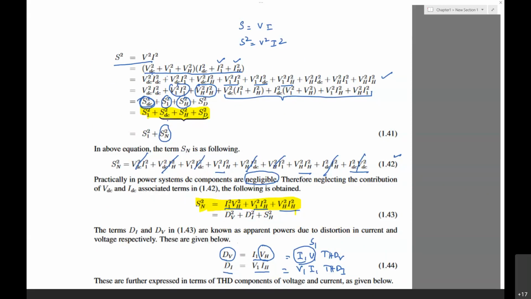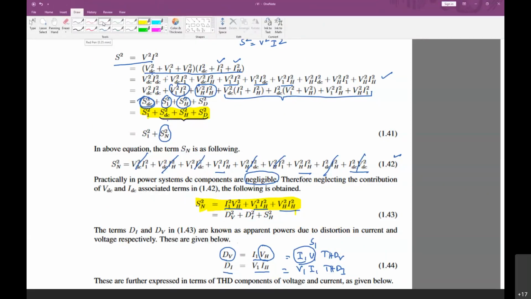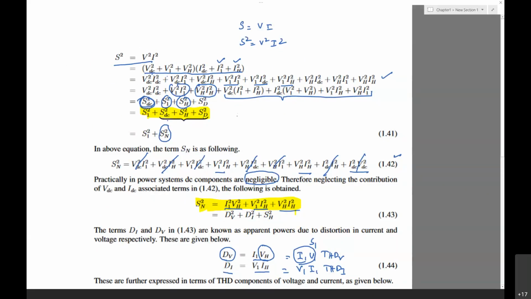In the S1 square, we will have the square root of P1 square plus Q1 square, whole square. Even in the case of the distortion, we will have the other frequency components also, like what I want to mention over here, it may be a P2 square and Q2 square also. These particular components will also be there.